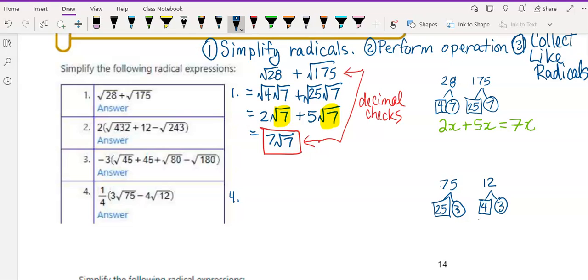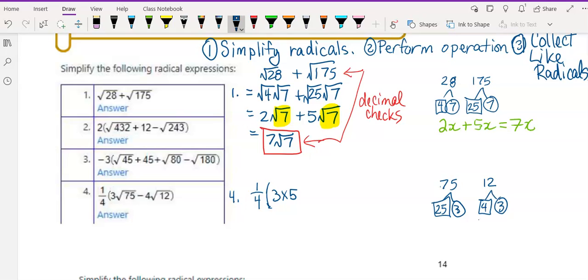Okay, number 4. So I'm going to do that. I'm going to leave the 1/4 out front. Okay, it's not hurting anybody. And now with the root 75, I have it on the side here. It's going to be root 25 times 3. So I'm going to turn my root 25 straight away into a 5.